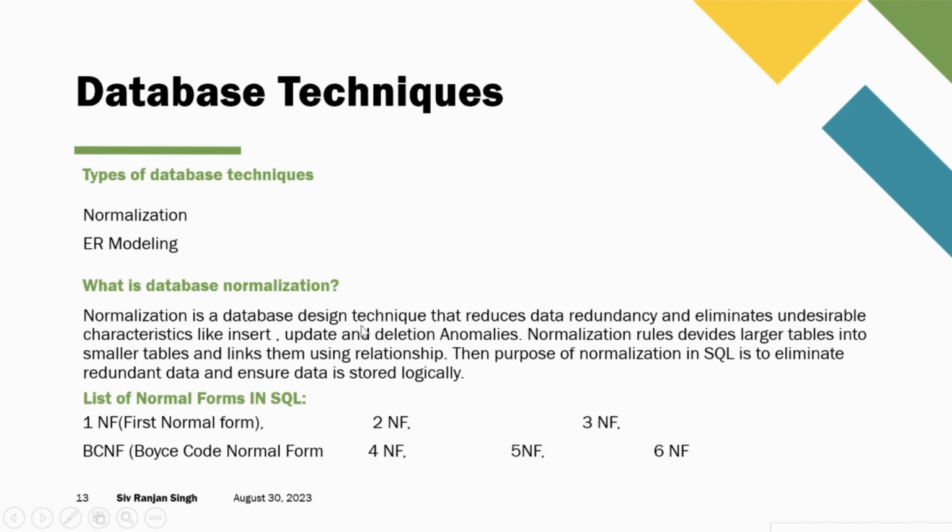Normalization is a database design technique that reduces data redundancy and eliminates undesirable characteristics like insert, update, and deletion anomalies. Normalization rules divide larger tables into smaller tables and link them using relationships. The purpose of normalization in SQL is to eliminate redundant data and ensure data is stored logically.